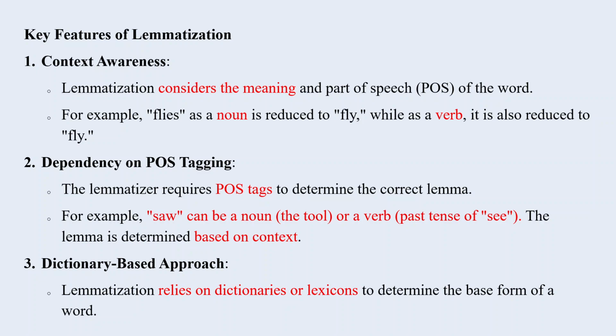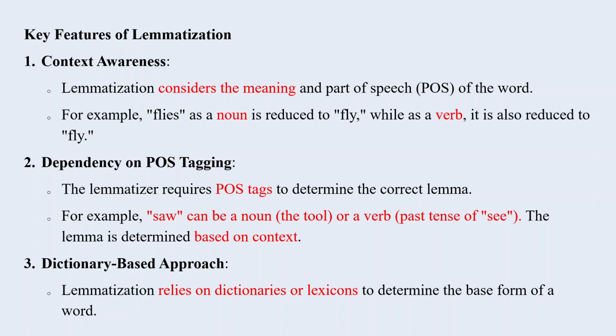Coming to POS tagging, parts of speech tags are used to determine the correct lemma. For example, saw can be a noun, the tool, or a verb, the past tense of see. The lemma is determined based on context, whether it is present tense or past tense.